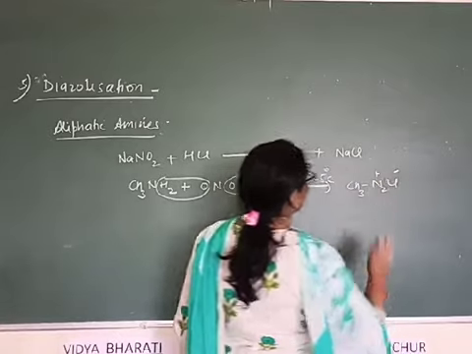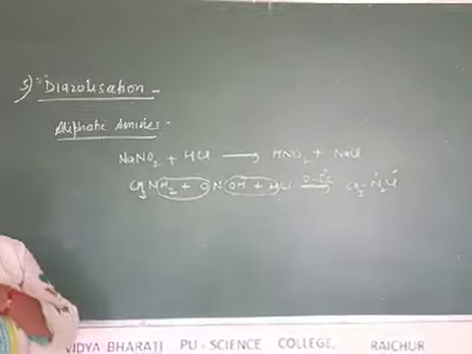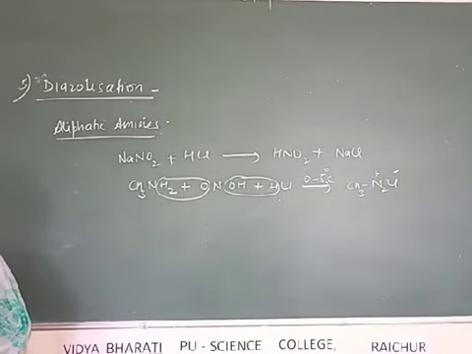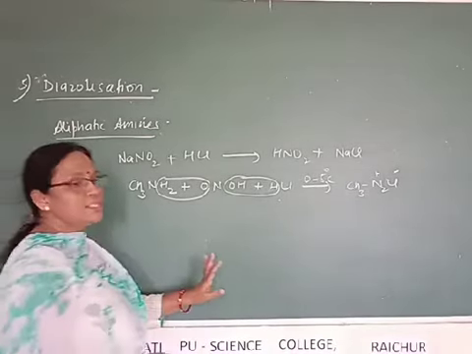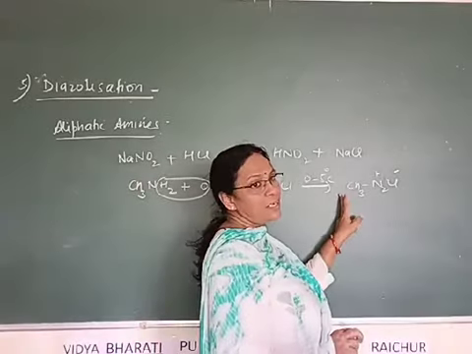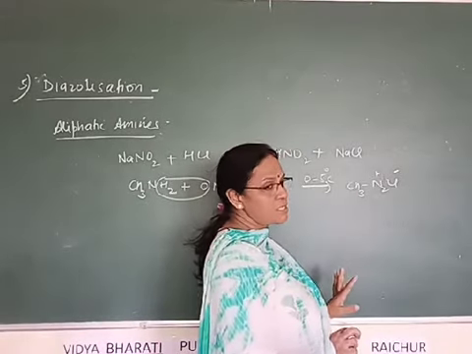This is methyl diazonium chloride. A diazonium salt is formed, but this aliphatic diazonium salt is highly unstable.